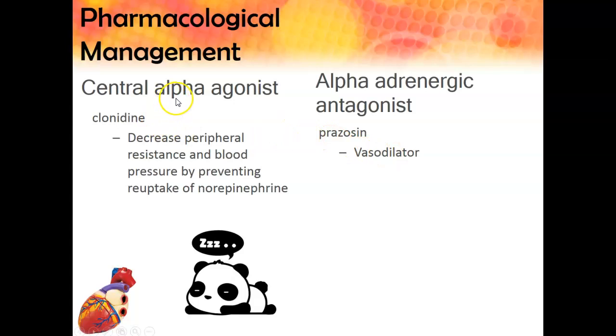Medications that are in the category of central alpha agonists like clonidine help decrease peripheral resistance and blood pressure by actually preventing the reuptake of norepinephrine. Big thing with this type of medication is some off-label uses is for insomnia, because no matter how many times you take it, it does make a person extremely tired and sluggish.